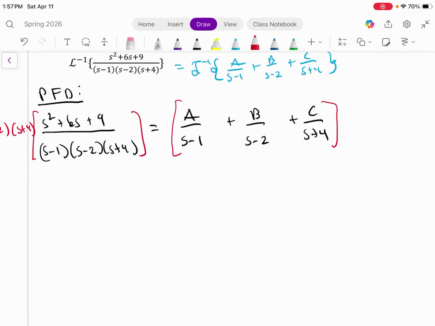Hopefully you recall this from Calculus 2.